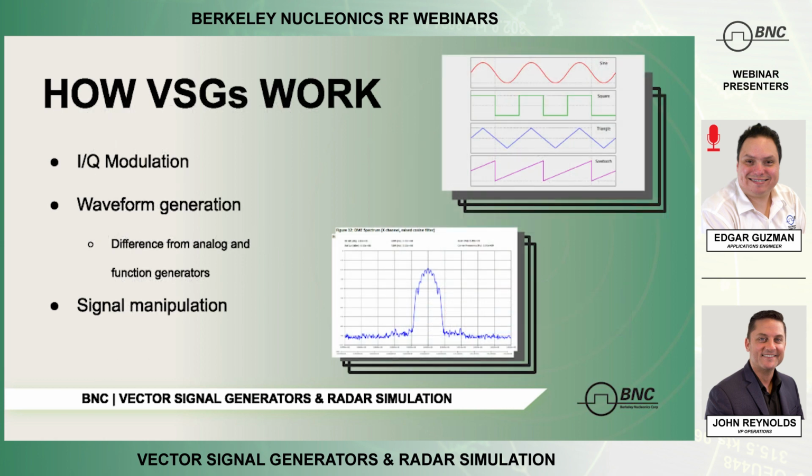So how does the VSG work? A VSG essentially makes your IQ signal, and as you saw from the previous slide, it mixes them together and gives you your signal output. So if you need to do a phase modulation, you can use IQ signals by having a quadrature pair. Say you have a sine and a cosine, that's a quadrature pair.